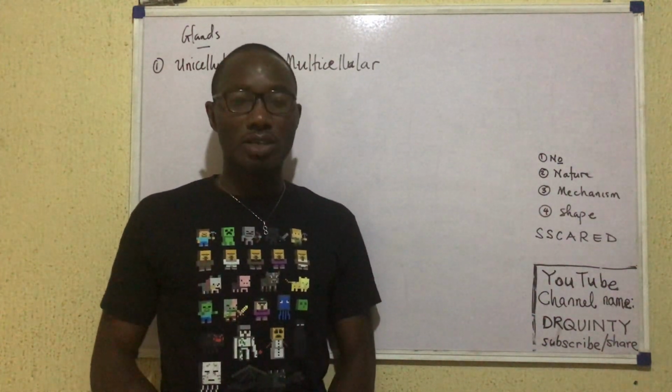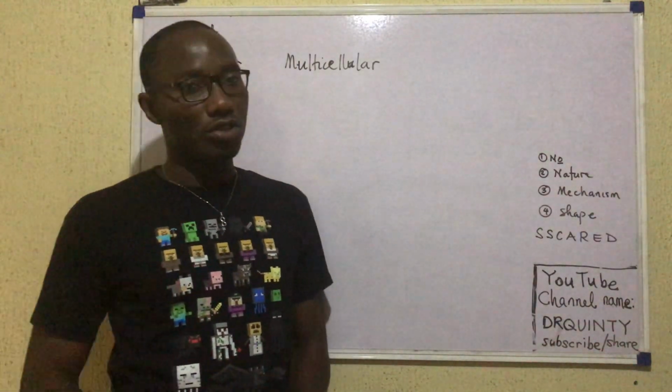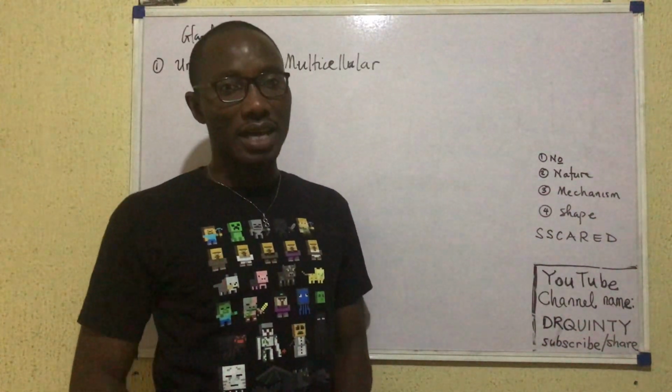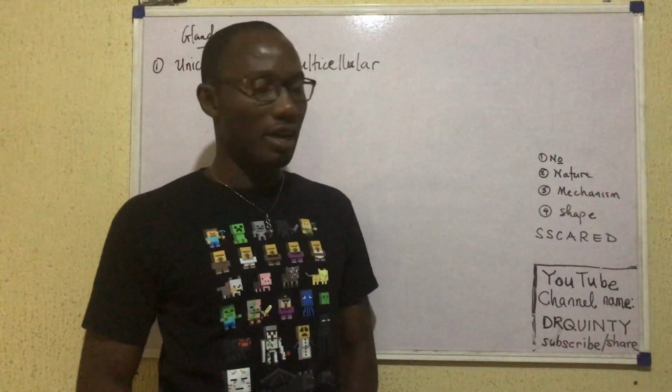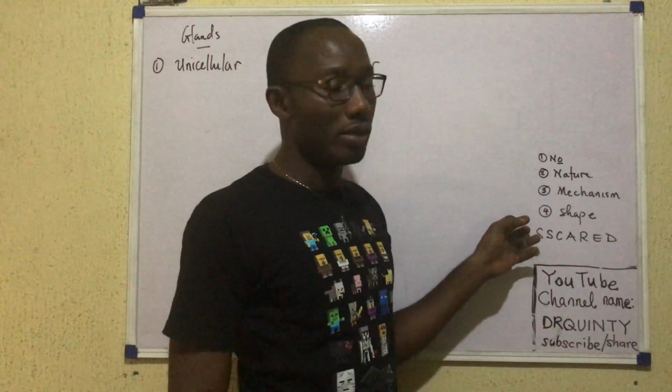By the way, we didn't mention in that video that the functions of epithelial tissues are numerous and they include the following. I've put the functions here in an acronym that you should try to remember.